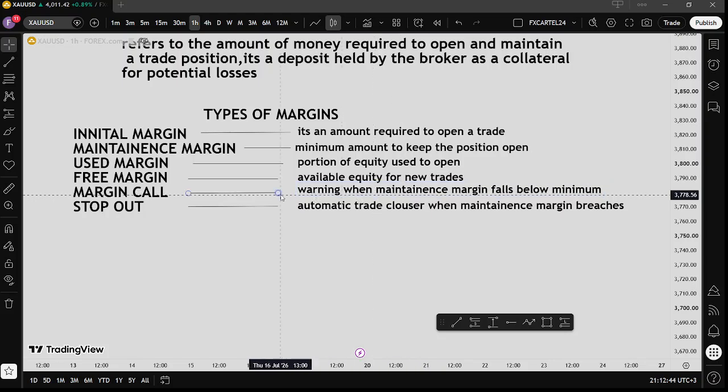If you don't deposit to keep the position running when the money deteriorates, they do a stop out, which means they automatically close your position. Hopefully you've understood these ones.